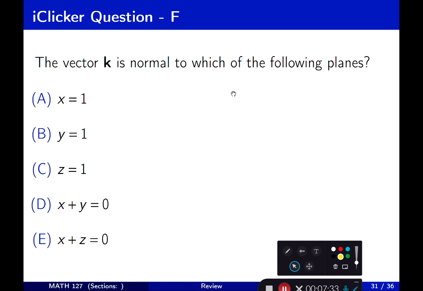So here's the x, y, z plane. Remember, another thing to mention about the x, y, z axes: when you write them down, it's always x on the left.